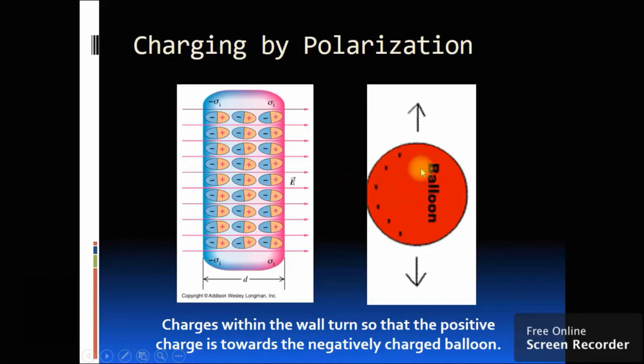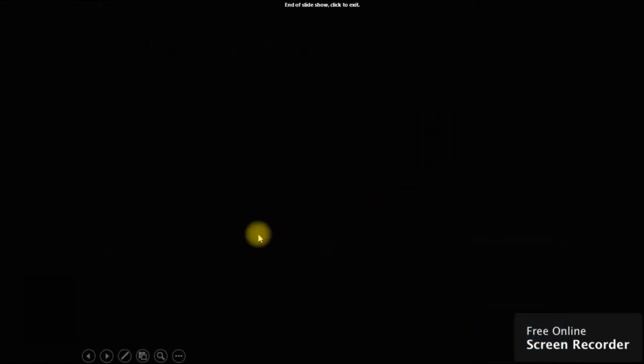Another way, the same picture, the negatively charged balloon and all the positives in the wall. And I've got these little, that's now the letter sigma, which is another symbol they use to show partial charges. Because the positives are on the right, there's a net electric field going this way to attract the balloon so it can stick to the wall.